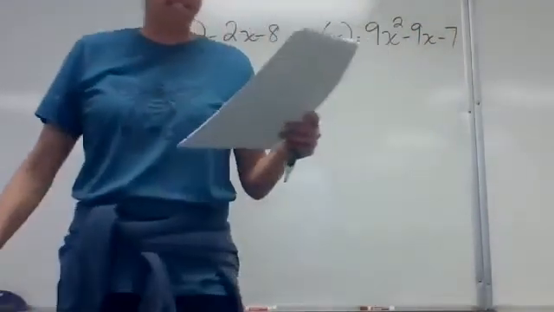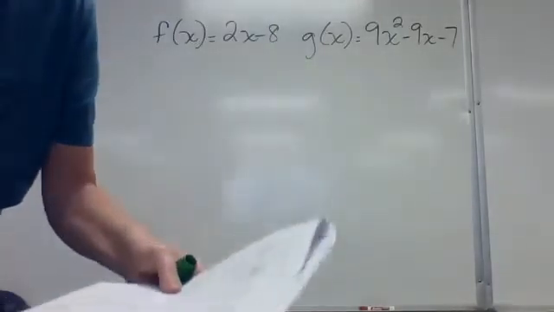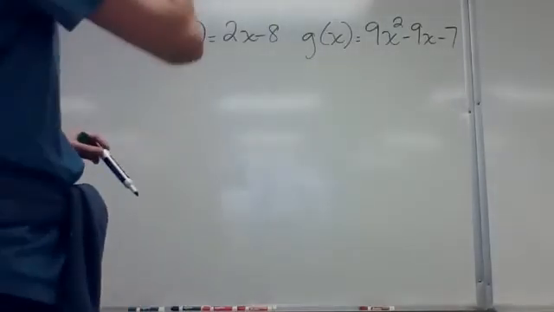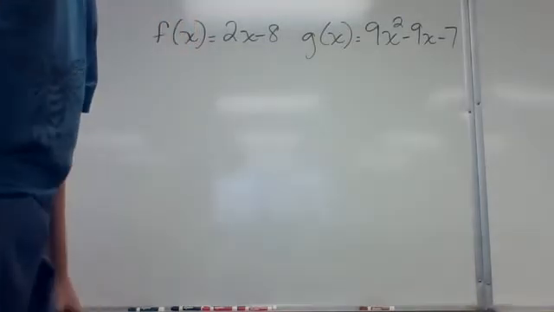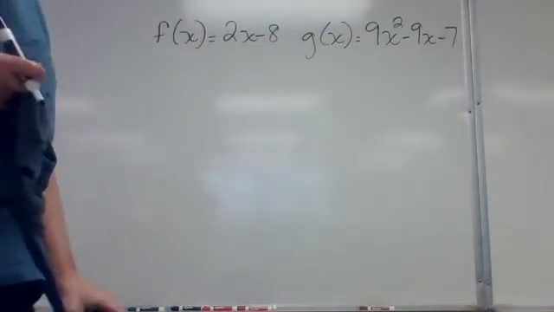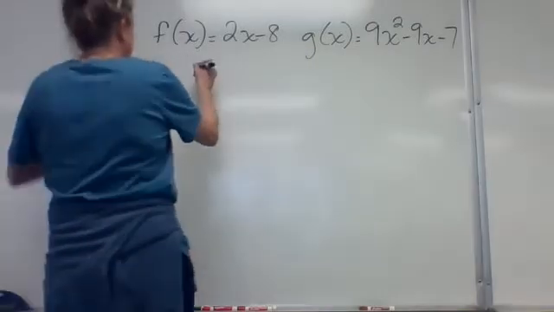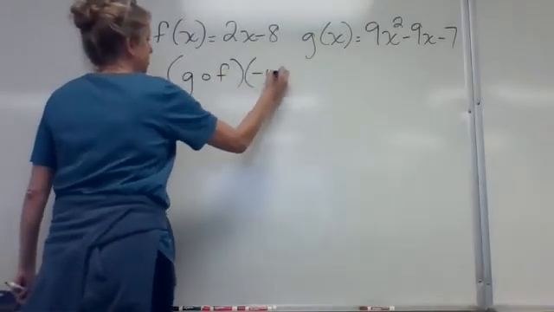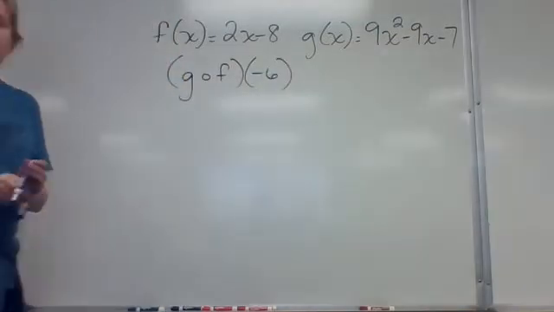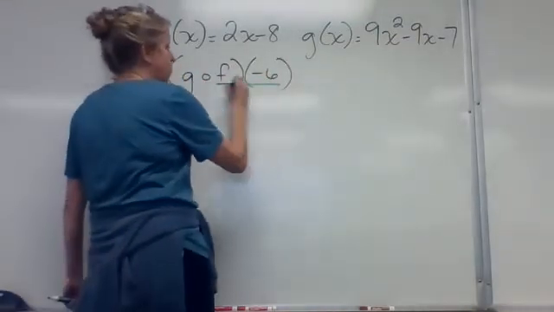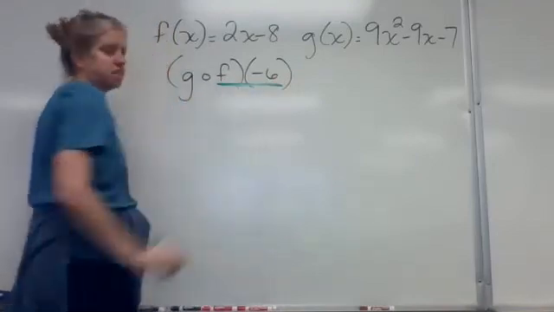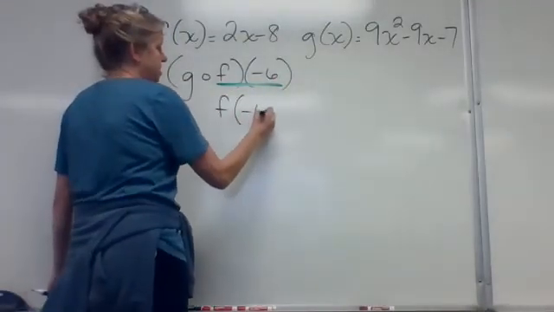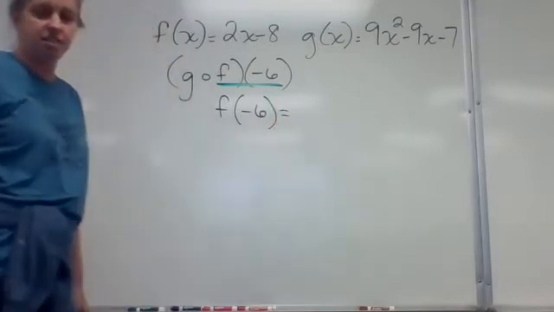All right, f of x equals 2x minus 8, and g of x equals 9x squared minus 9x minus 7, and it wants me to find g of f of -6. All right, what you always find first is what is in this front position. So I am finding f of -6.